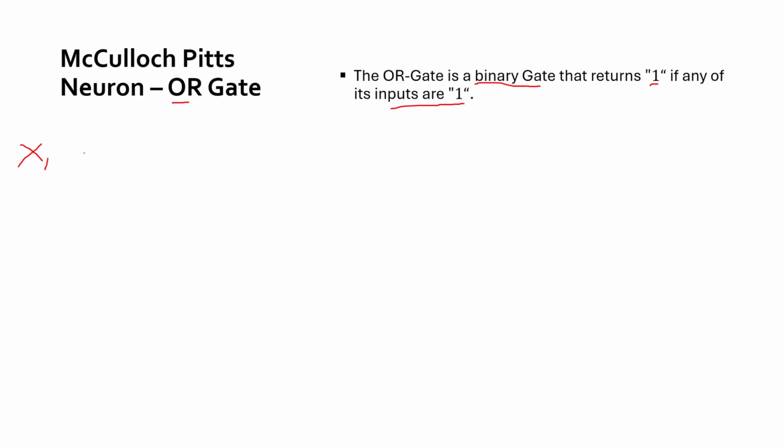If you consider x1 and x2 as your inputs and y as your output, the truth table will be: x1 is 0, 1, 0, 1 and x2 is 0, 0, 1, 1. Here it will be 0 because both inputs are 0, and it returns 1 when any of the inputs are 1. So here one of the inputs is 1, so you will get output 1, here you will also get output 1, and here you will get output 1.